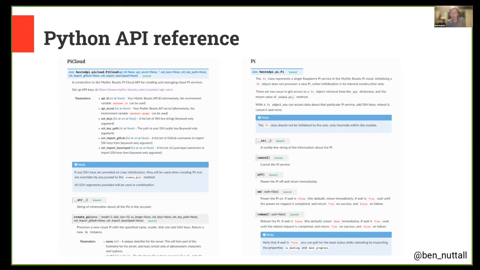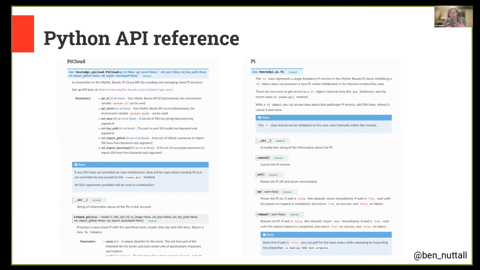You construct a PyCloud class, and it takes your authentication from your environment variables, and then you've got access to your account, and you can say create a new Pi in this account. So rather than a command that's create Pi and takes all those flags, it's a method on the cloud object. So you say model is this, and disk is this, and SSH keys are this. And then within your account, you have access to all the Pis that you have.